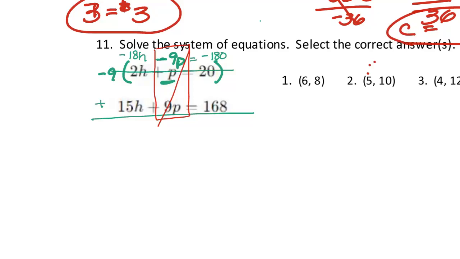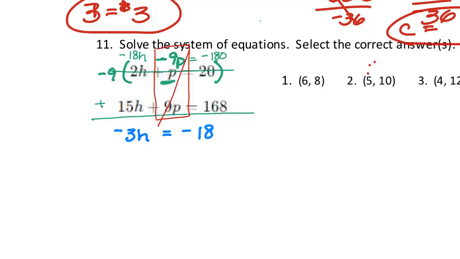So -18H plus 15H is -3H. That is equal to -180 plus 168, which gives you -18.